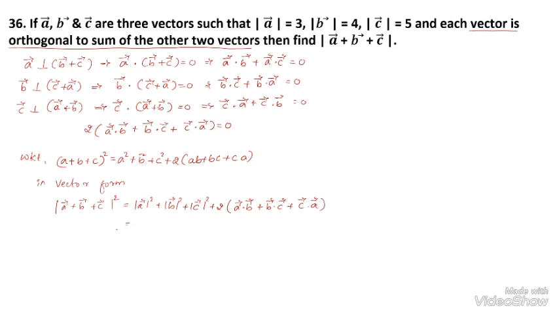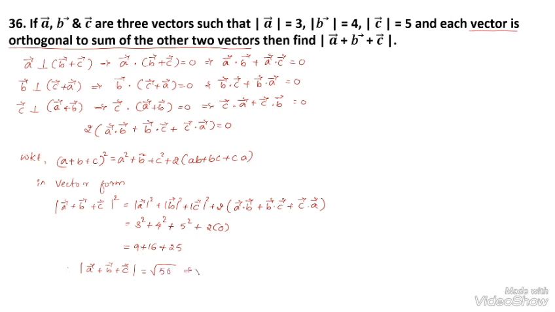Now taking the values here, magnitude of A is 3, it becomes 3 square. Similarly, magnitude of B is 4, so 4 square, 5 square, plus 2 times 0. Then 9 plus 16 plus 25. Therefore, magnitude of A plus B plus C is, taking the square root on this side, the sum of 9 plus 16 plus 25, that is 50.